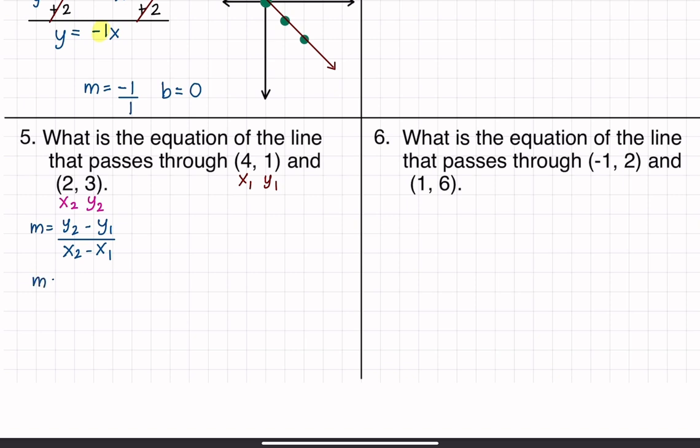So we have m is equal to, what is our y sub 2? We have 3 minus y sub 1, which is 1, over our x sub 2, which is 2, minus x sub 1, which is 4.